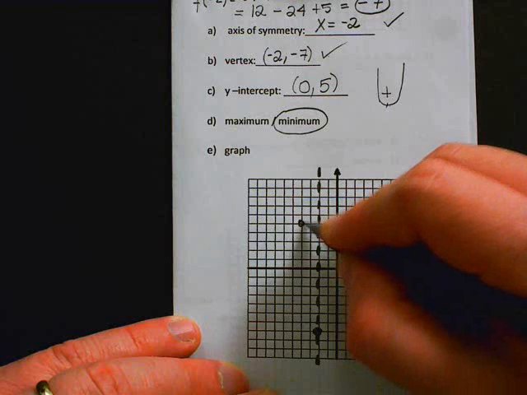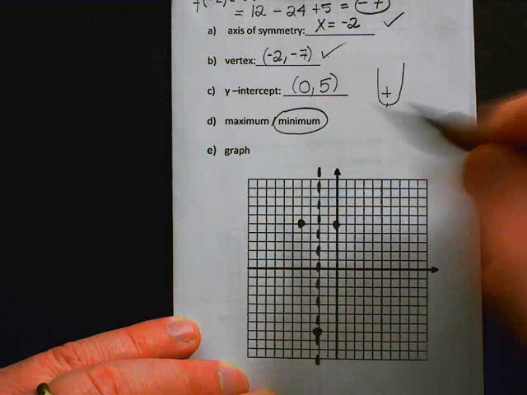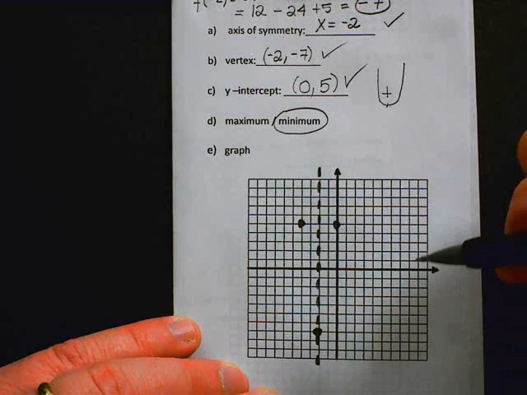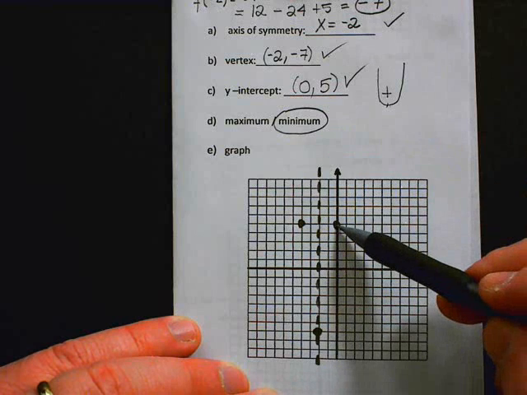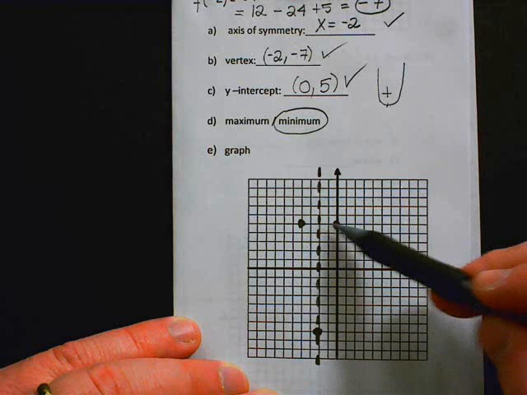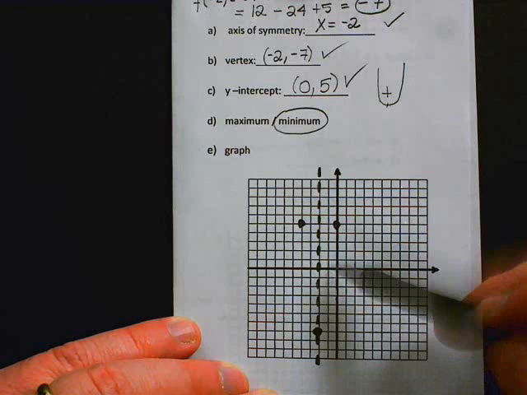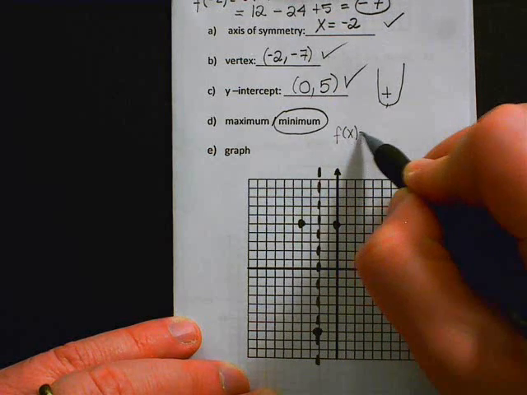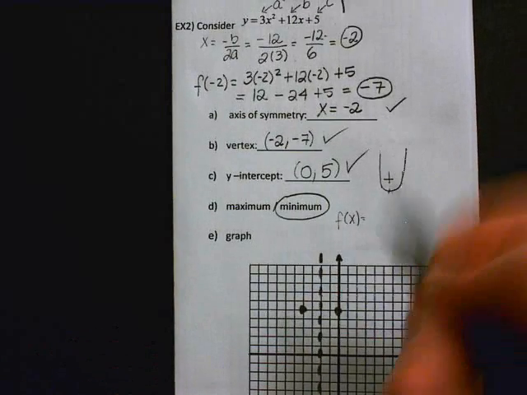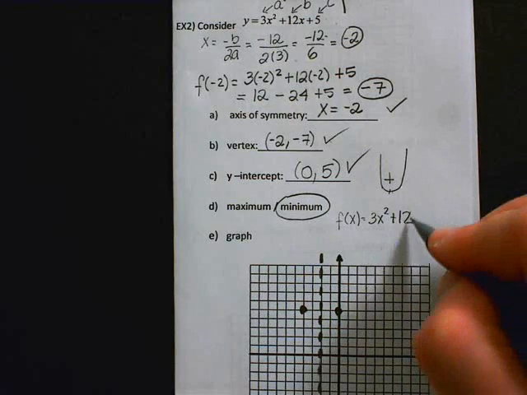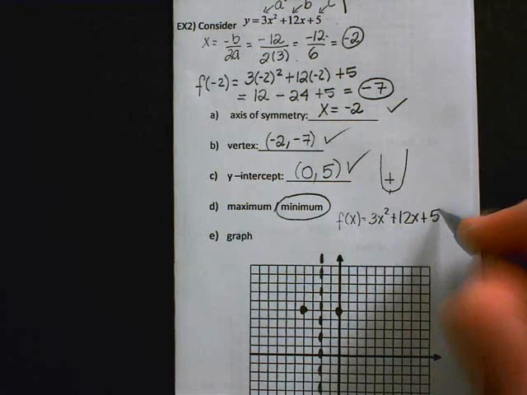Alright. And now I need to find another point. So look for the points between one of the points and the axis of symmetry. So one of the points here will be x equals -1, right? So basically, copy the function, which happens to be 3x squared plus 12x plus 5, right? And we chose -1, so we're going to find the function of -1.